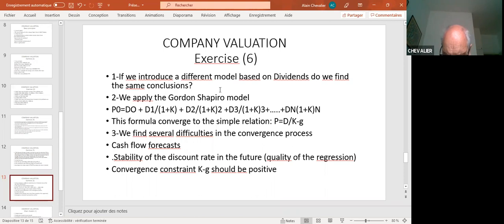And we will see later when this model can be used not only with dividends, which is the basis of the explanation by Professor Gordon and Professor Shapiro from Chicago University, Chicago Business School in the 60s, but it has been applied to cash flows.